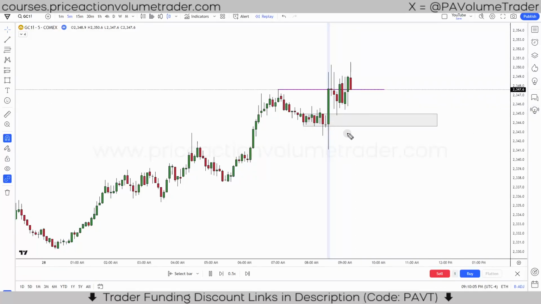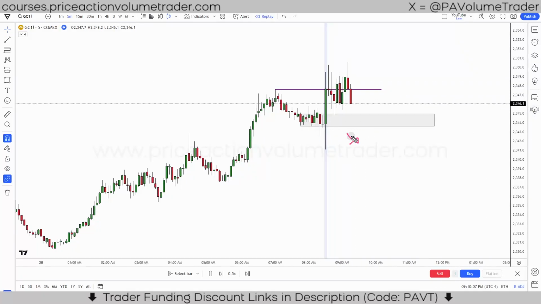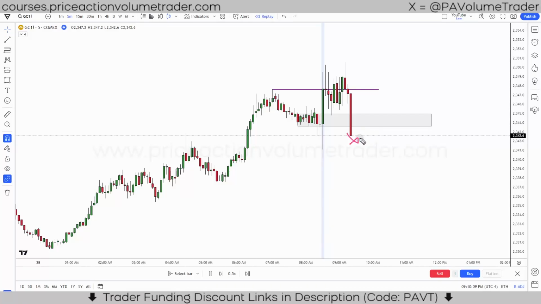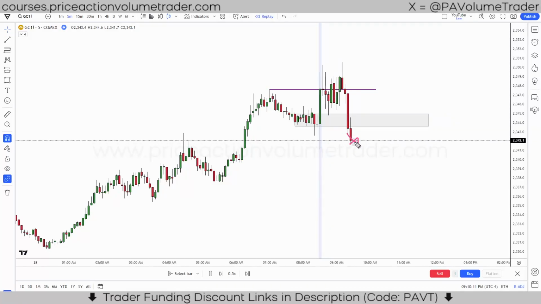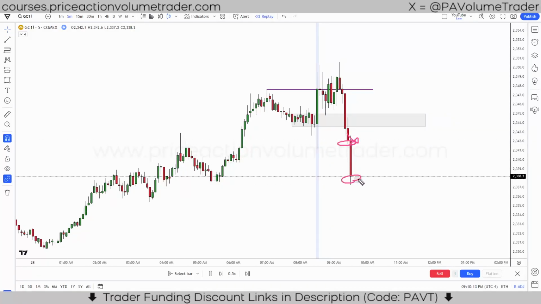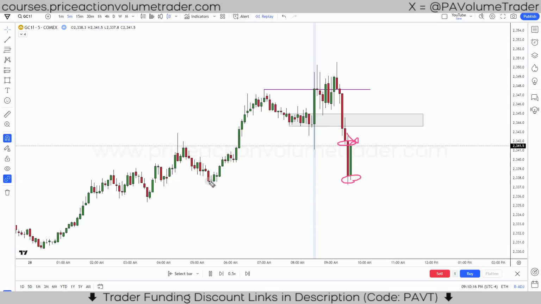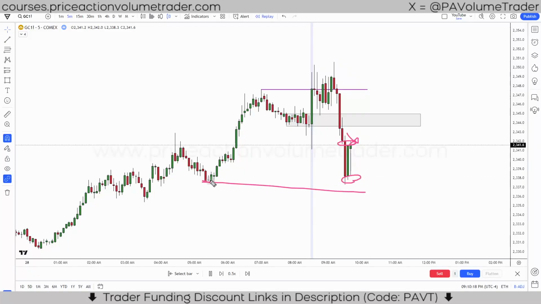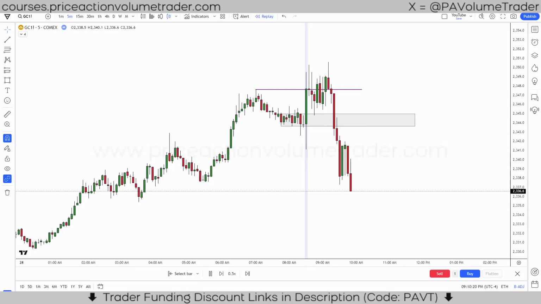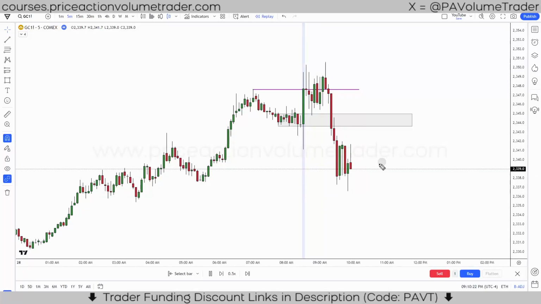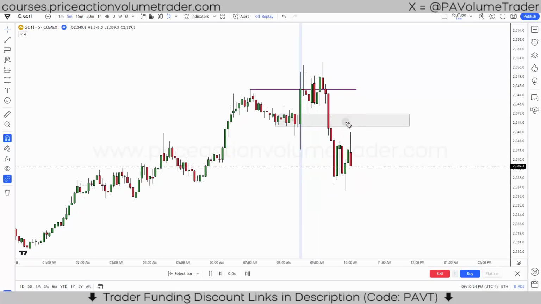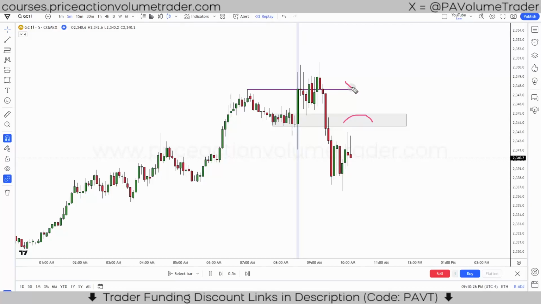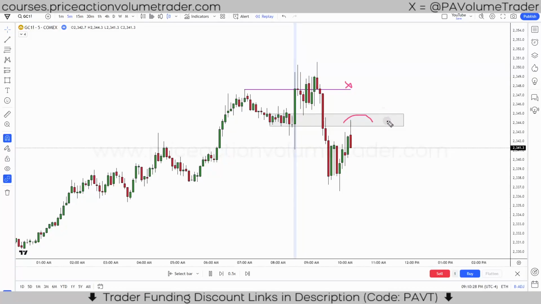So until we have a clear break below this, I'm still not going to take any shorts. And then right there on this close, we have our confirmed break below. We did hit this low right over here.